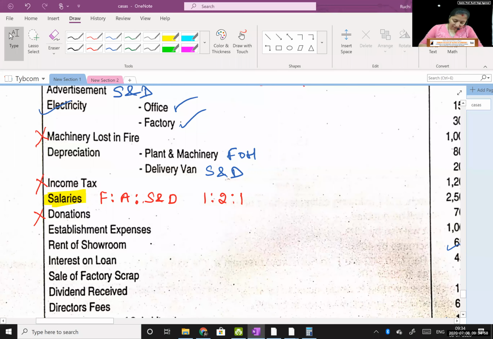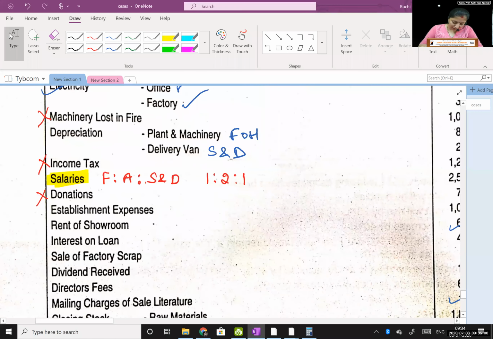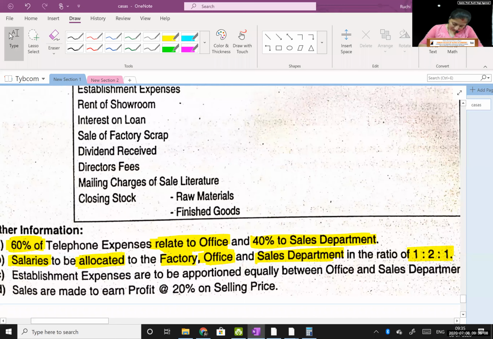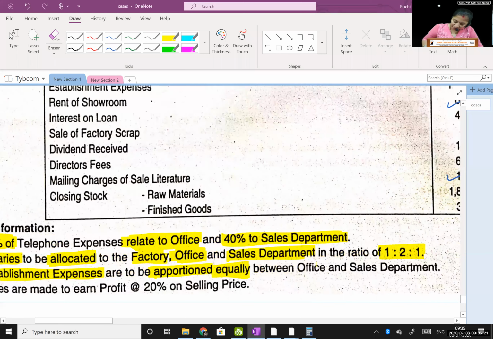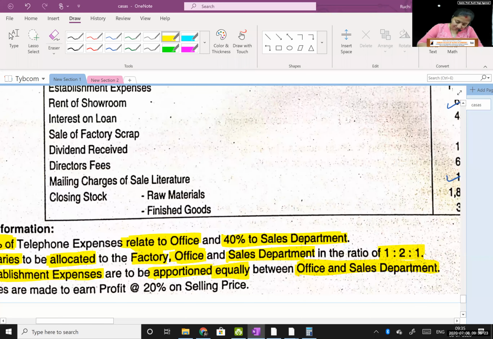Establishment expenses. This is actually a part of factory in the absence of information. It is in connection to manufacturing. But look into point number 3: establishment expenses to be apportioned. Apportioned means to divide equally, that is 1 is to 1, between office and sales.